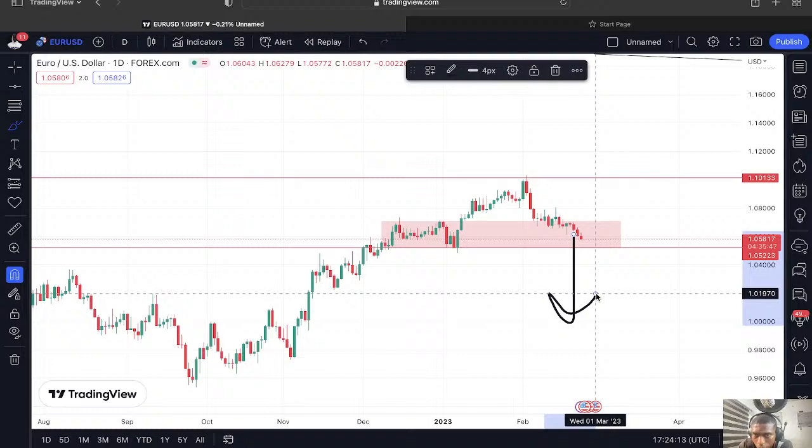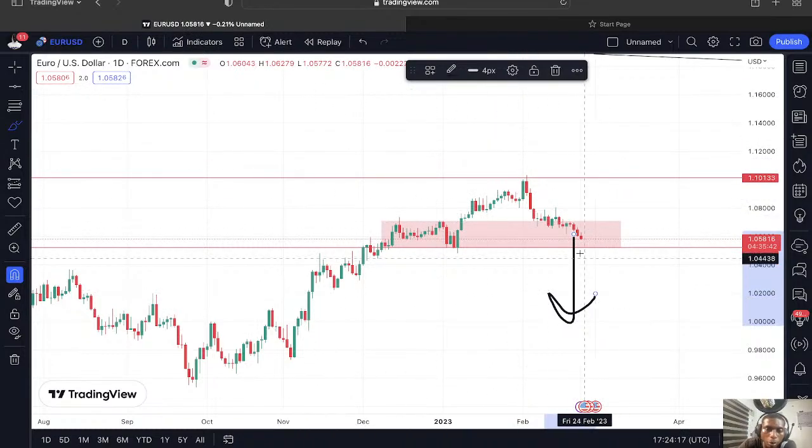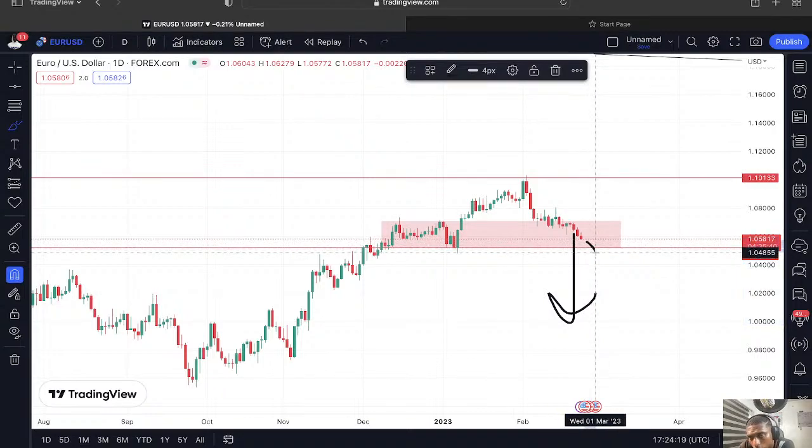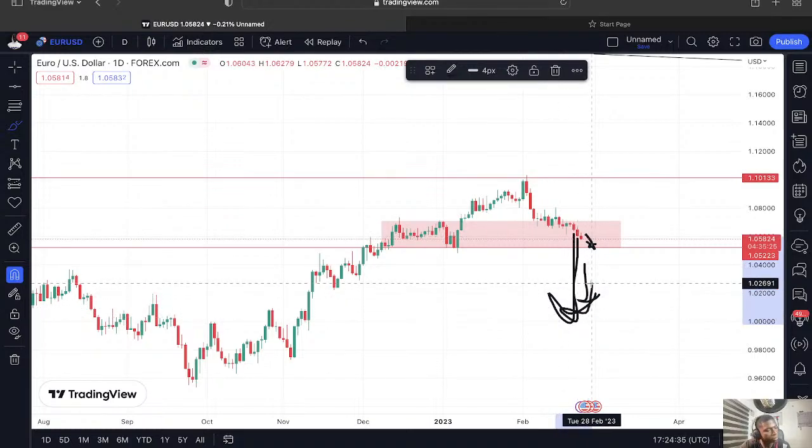Most likely, as price keeps approaching this level, there would be a breakout again. There will be a breakout and price would, yes, so this is it.